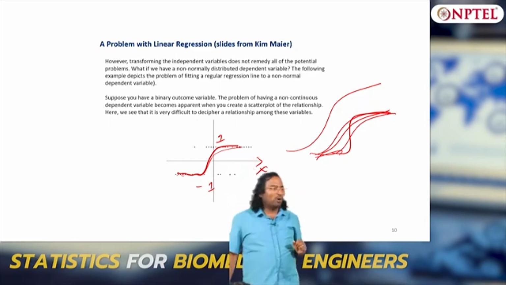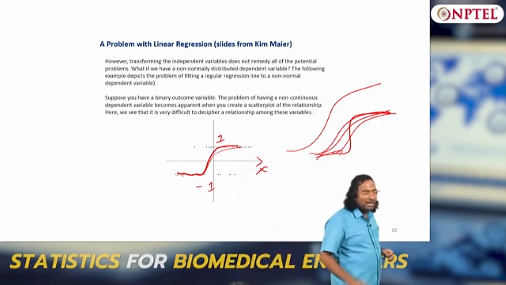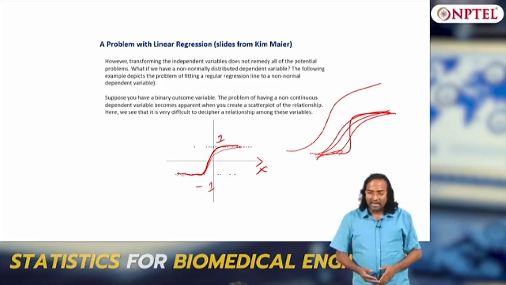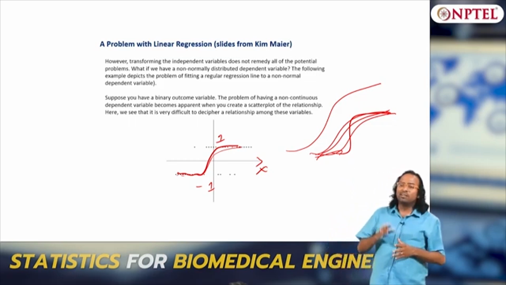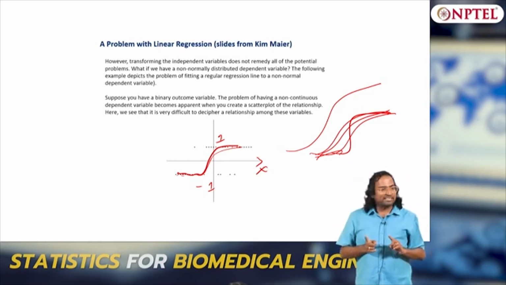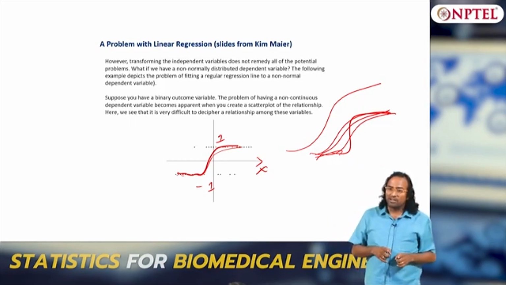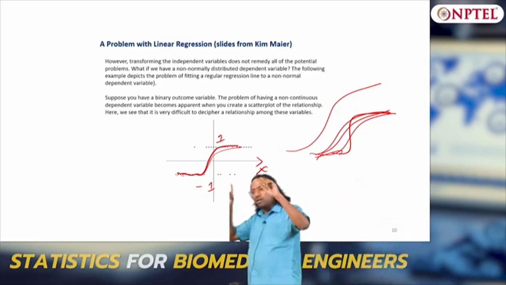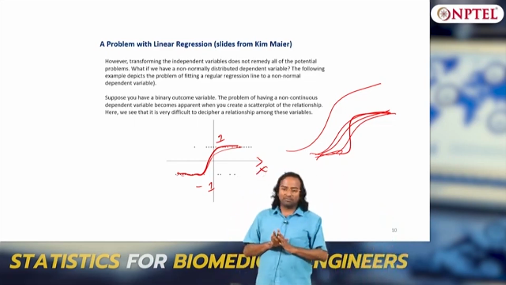So that is what we are going to do, we are going to make a transformation of the data through a sigmoidal function. So x is transformed using a sigmoidal function or an S-shaped curve, so that I can fit a linear model in the transformed domain.